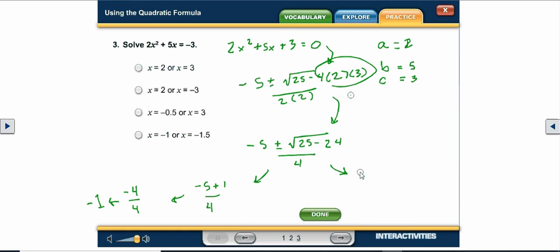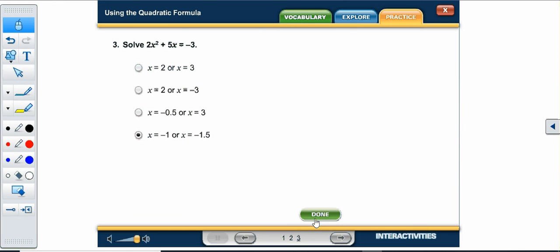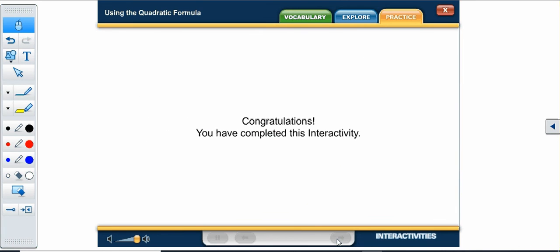This direction will use the negative 1 over 4, which means negative 6 over 4. And if you change that to a decimal, it comes to negative 1.5. Okay, which is our answer? Looks like the 4th and final choice there. That's how you use the quadratic formula to solve quadratic equations.